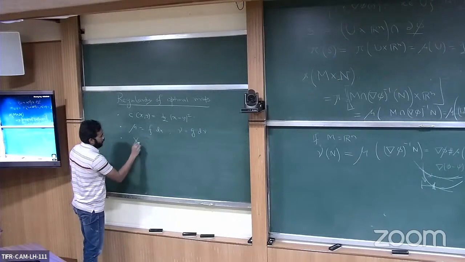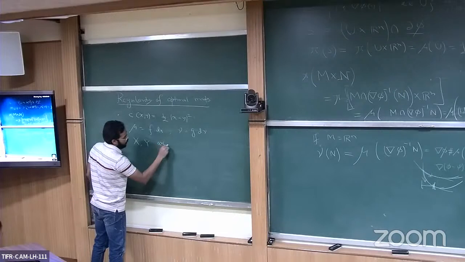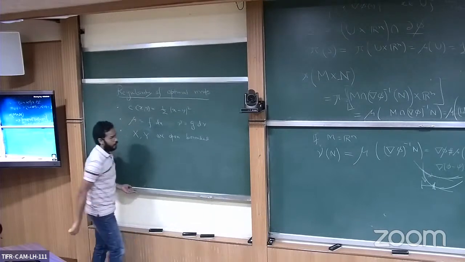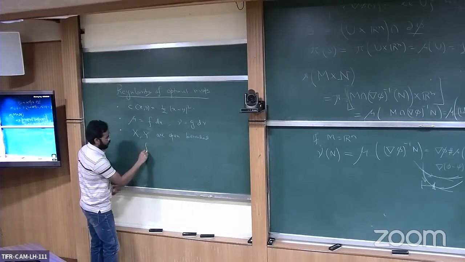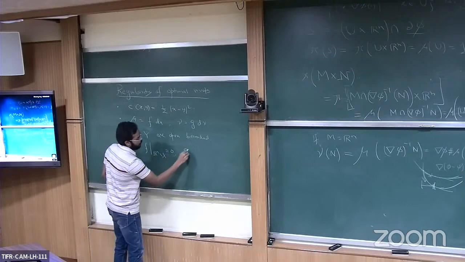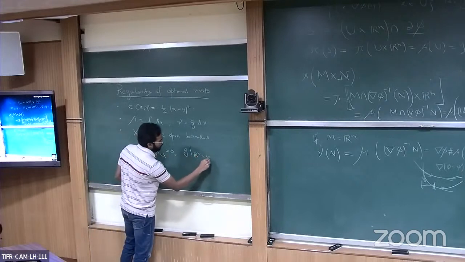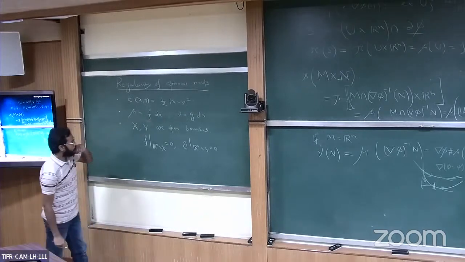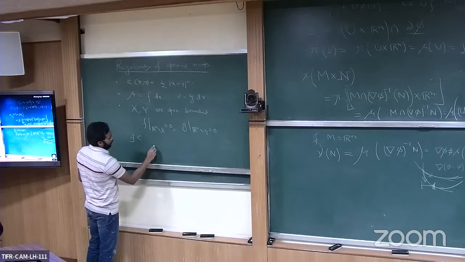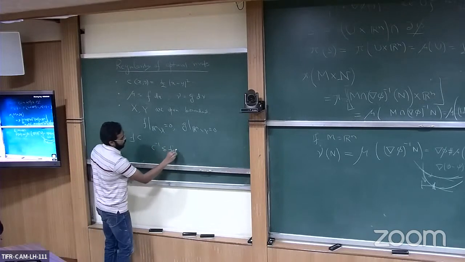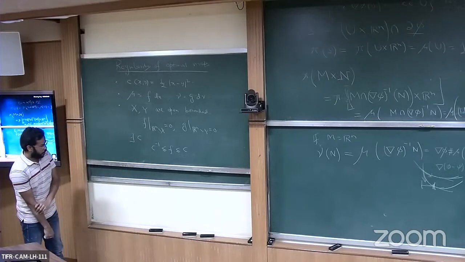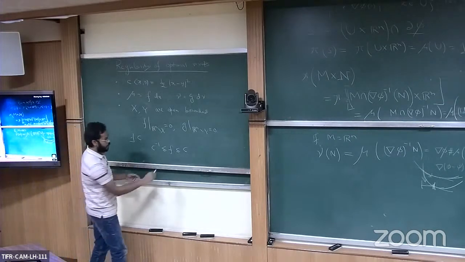So let X and Y be bounded, and this f vanishes on R^n minus X, and g vanishes on R^n minus Y. On this set X and Y, there exists a constant c such that f is bounded away from 0 and infinity.